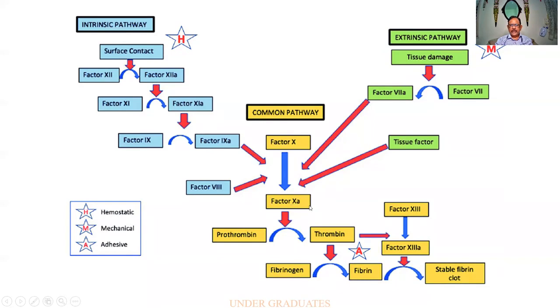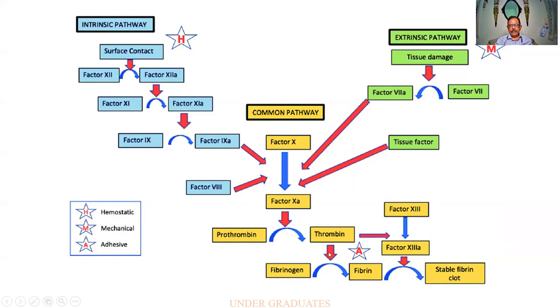The yellow color indicates the common pathway, the blue color the intrinsic pathway, and the green color the extrinsic pathway. So there are three pathways. Please do understand it. Some of them are hemostatic, some of them are mechanical, and some of them are adhesive. Please follow that in this one.